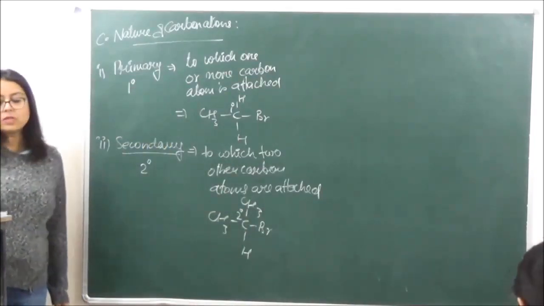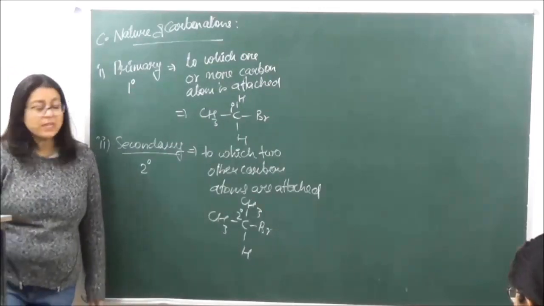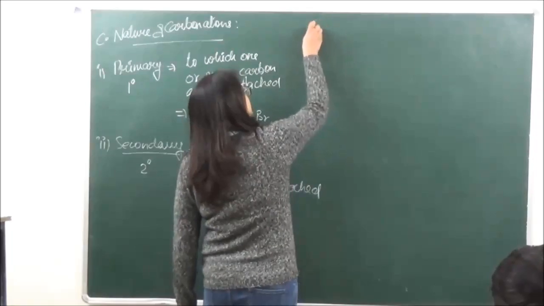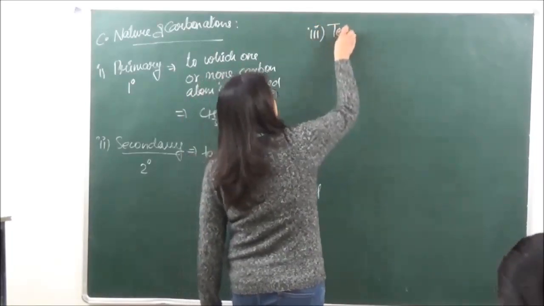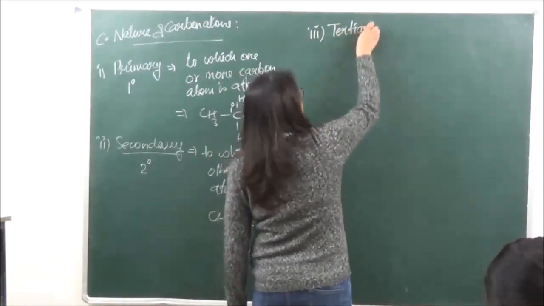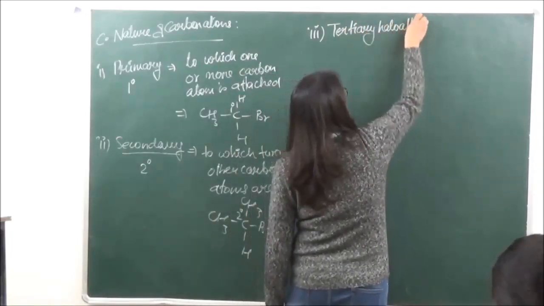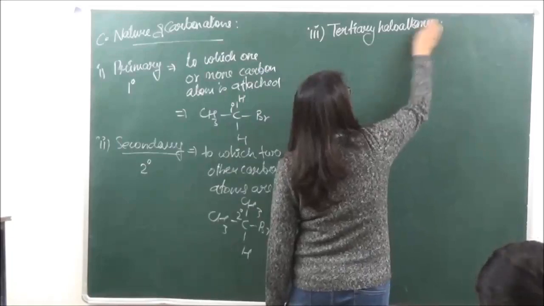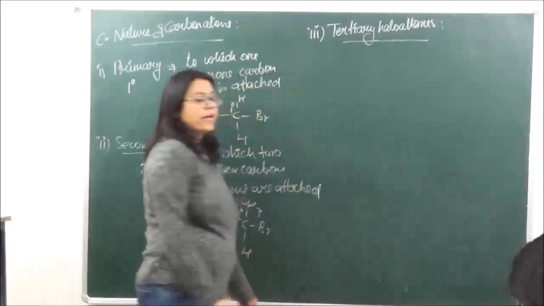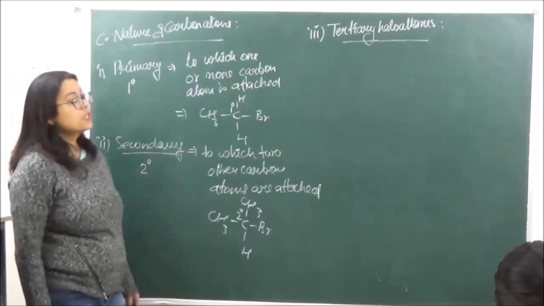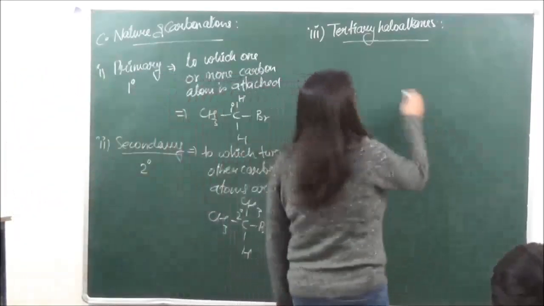ठीक है? फिर उसके बाद हमारे पास आता है tertiary haloalkanes और 3 degree haloalkanes. Tertiary haloalkanes or 3 degree haloalkanes. It is that carbon atom to which 3 other carbon atoms are attached.